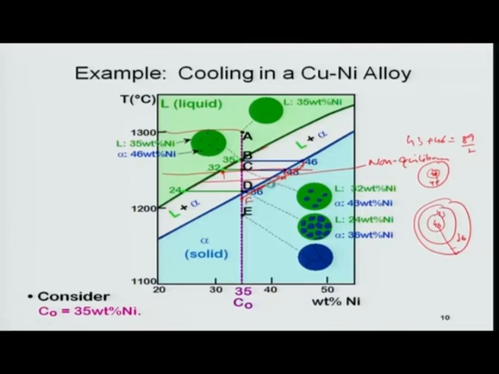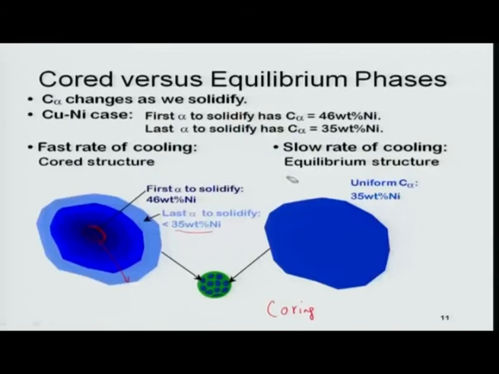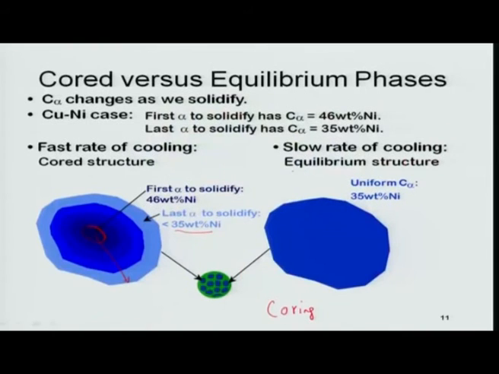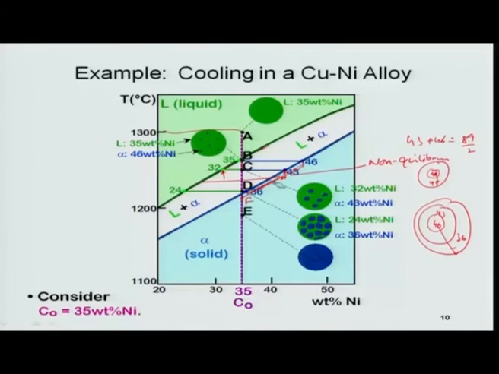So let me again draw this and show you. A little bit of erasing will help. What I am saying is that from point B to point C, I have two different solids forming, 43 and 46%.